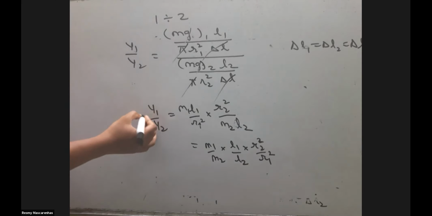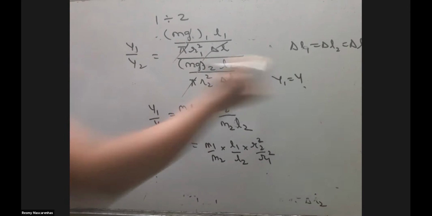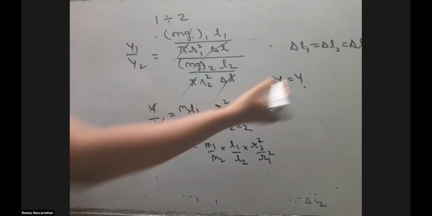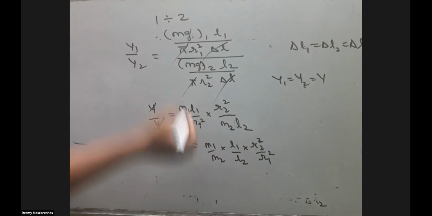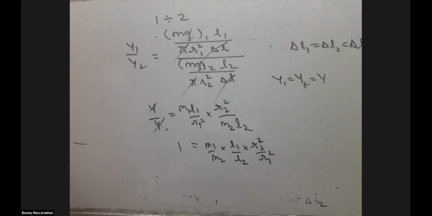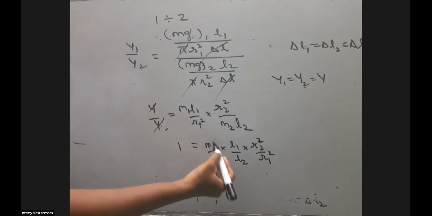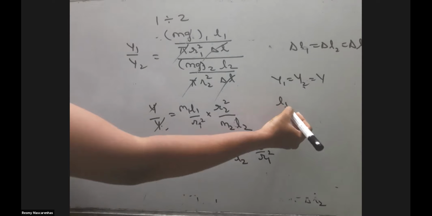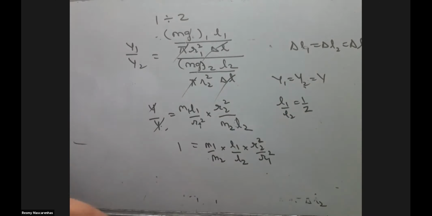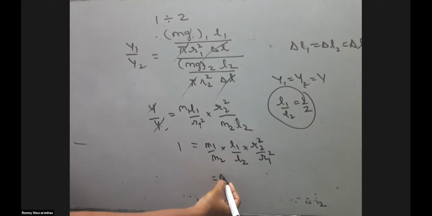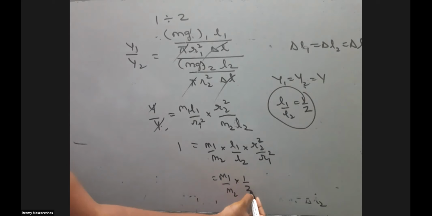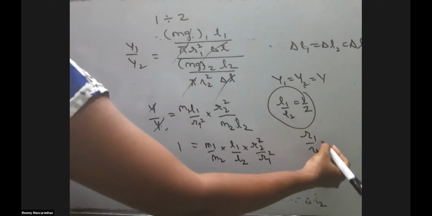Again, this also is equals to y. You can take it as y only. It will cancel. Y1 equals to y2 equals to y. So here it will get the answer as 1, because Young's modulus for same material will be equal. So that will be 1. Now this is what we have to calculate, ratio of their load or mg, whatever it means. And now L1 upon L2 is already given to us as 1 by 2. R1 upon R2 is 1 by 2.